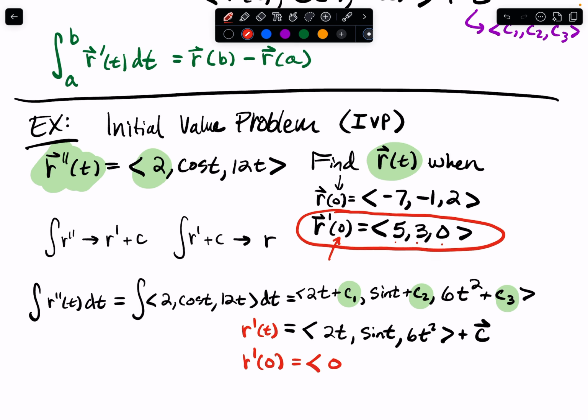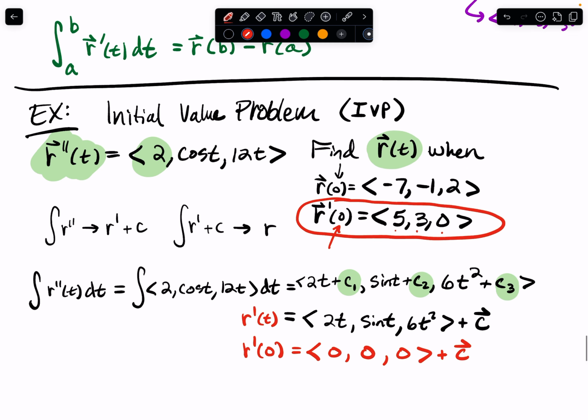This is going to be 0, comma, 0, comma, 0 plus c. And r prime of 0, we are told, is equal to 5, 3, 0.